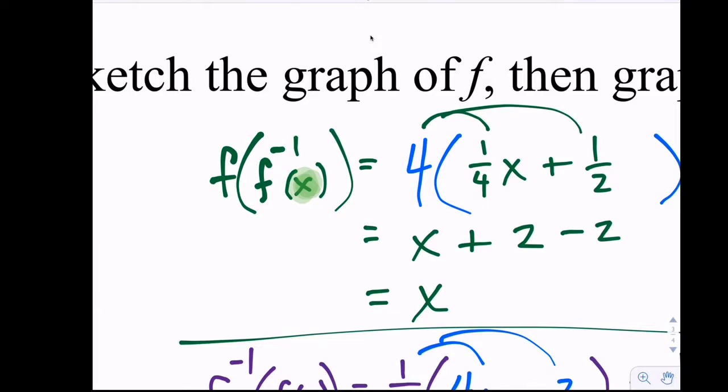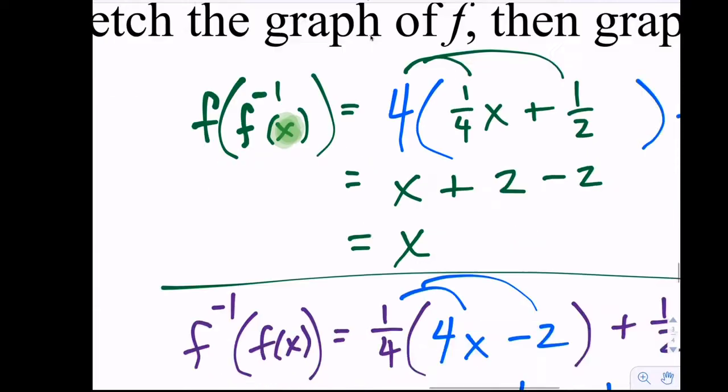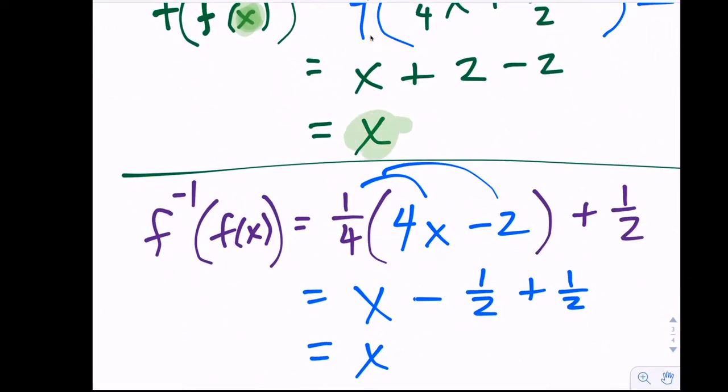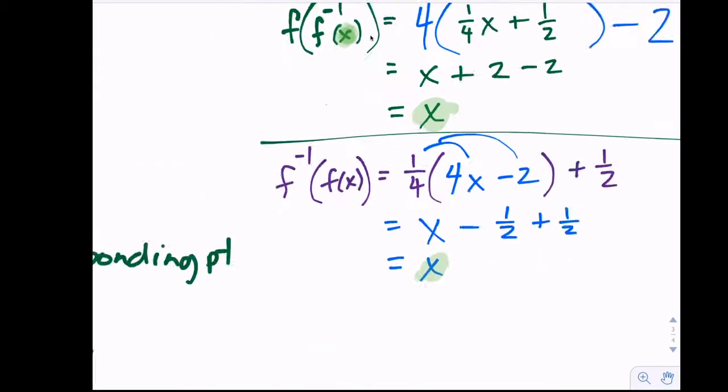Guess where I'm at? Same place, x. So, if you start with an x, and you apply 2 inverse functions back to back, you're going to be right back where you started, which is at what? x. So not only if inverse functions are composed will it be commutative, but you'll always get what? x. You'll always get x each and every time.